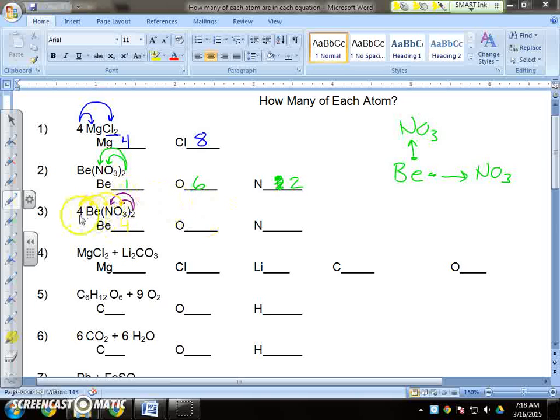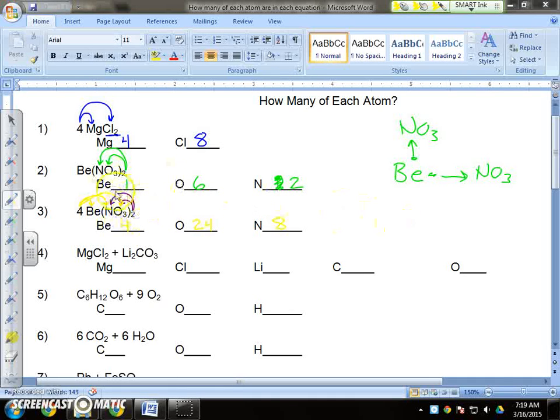I happen to have 4 times 1 N's times 2. So 4 times 1 gives me 4. 4 times 2 gives me 8. So I've got 8 nitrogens. And then for the oxygens, I've got 4 times 3, which gives me 12. 12 times 2 gives me 24 oxygens.